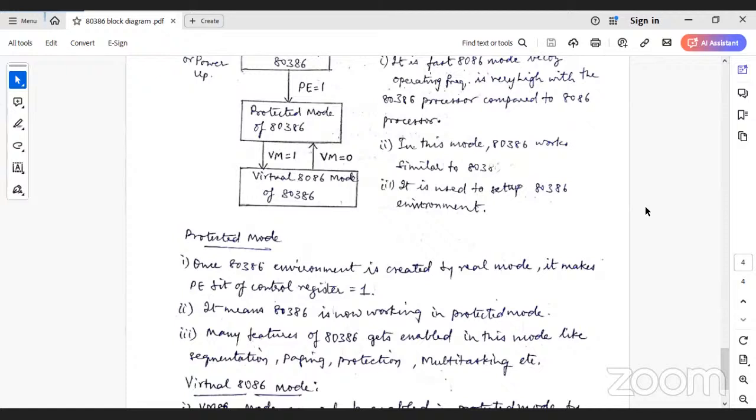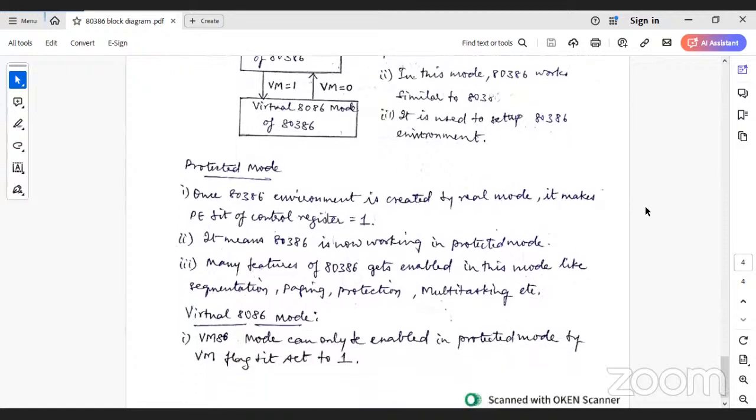Means in the protection mode only, all the features which were designed for your 386 will start working, like segmentation, paging, protection, multitasking, all these different features for which it was designed. They will be active when it comes in the protection mode.